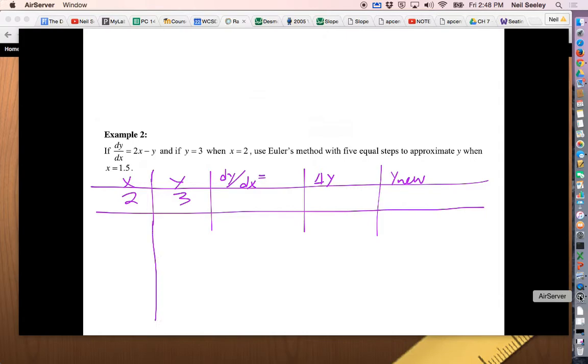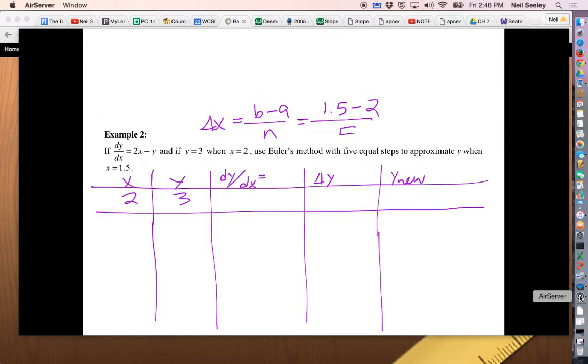And if you go 5 steps to get there from 2 and you're going to get to 1.5, did you guys get the delta x, what it's going to be? You're welcome to use the formula. Delta x is always b minus a over n if you just want to keep using that. But our end goal is 1.5. Our start is 2.